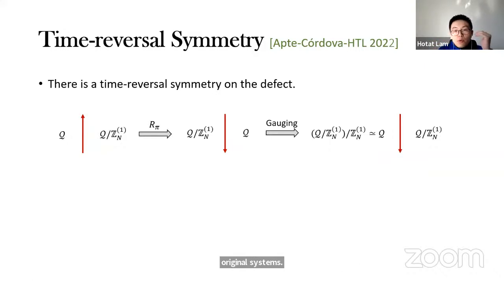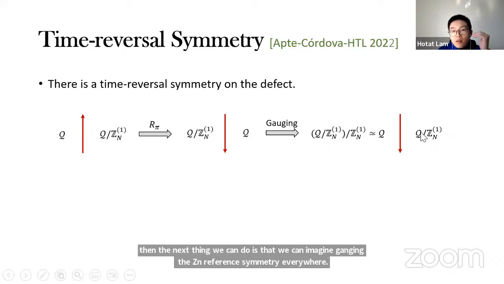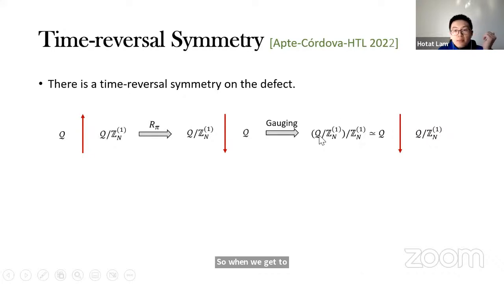When we gauge the ZN one-form symmetry everywhere, on the right-hand side we get the gauge theory. And on the left-hand side, we first gauge the ZN one-form symmetry, then we get a dual ZN one-form symmetry, then we gauge the dual ZN one-form symmetry, and we recover the original theory. So the upshot is that we recover the original system, except that the orientation on the defect is swapped. So this becomes a time reversal symmetry on the defect.